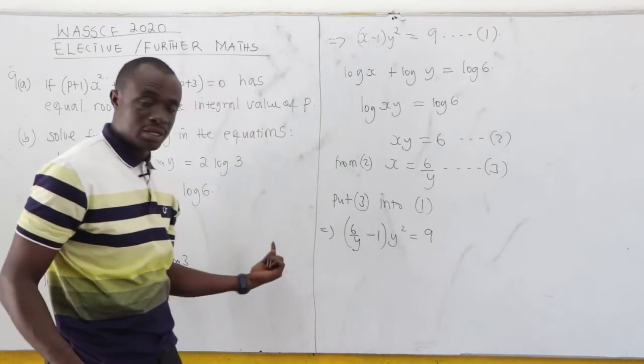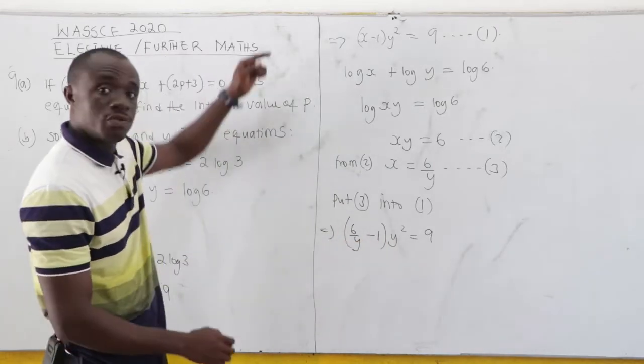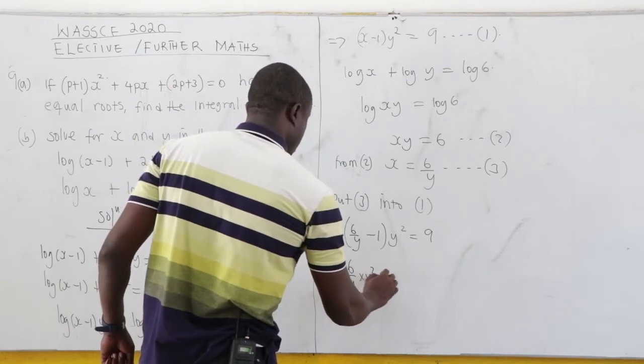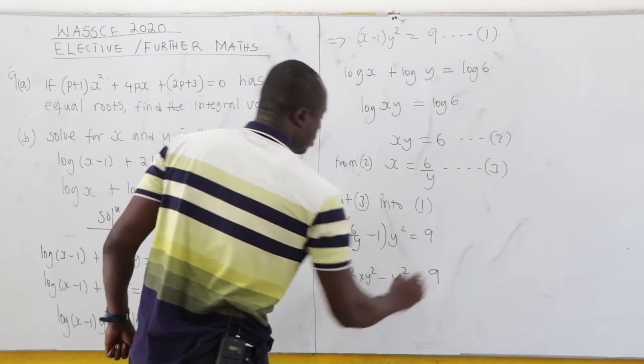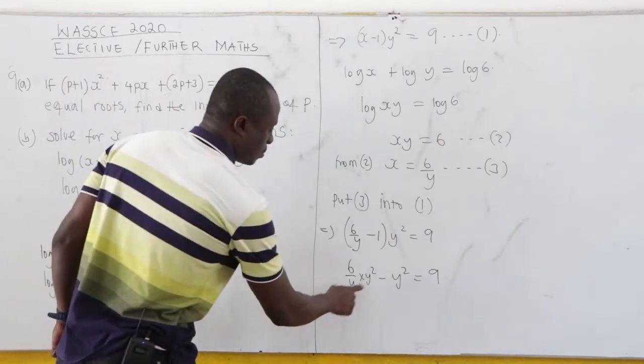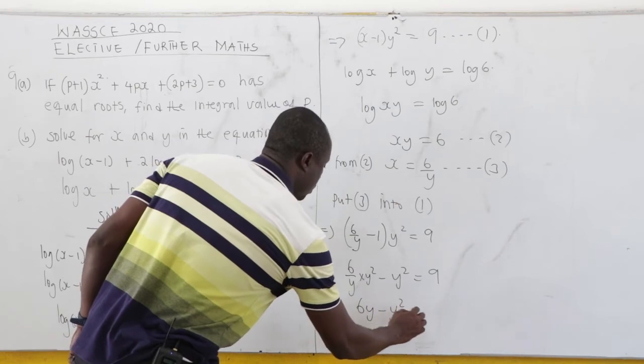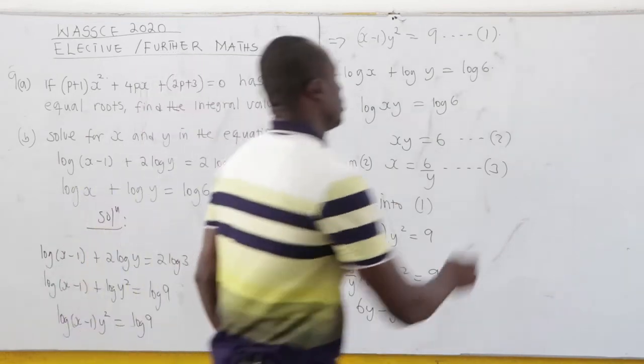Now expanding, here we can multiply through using the distributive property. So we have 6/y times y² − y² = 9. Now this will cancel one of the y, so we have 6y − y² = 9.